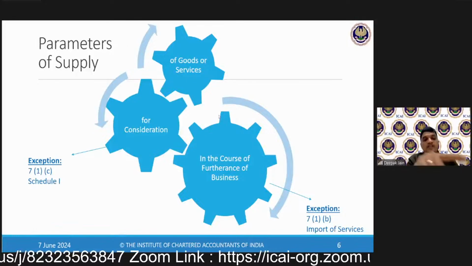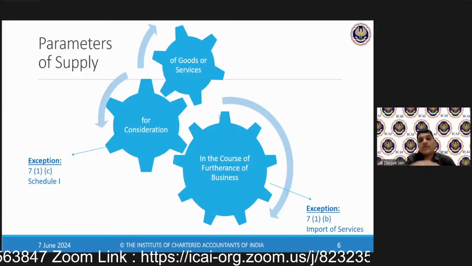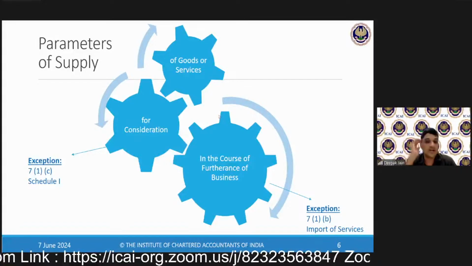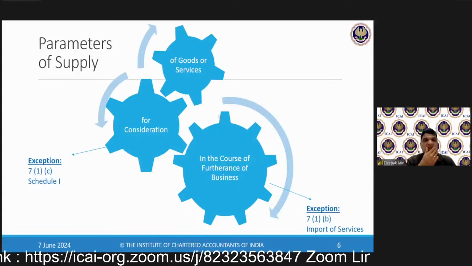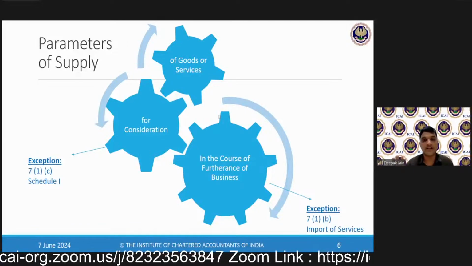Then 7(1)(c) says that where the consideration is not there, it will still be liable to GST if it is a supply of goods or services and if it is in the course or furtherance of business. It is simple up to here. So we have understood the basics of supply.